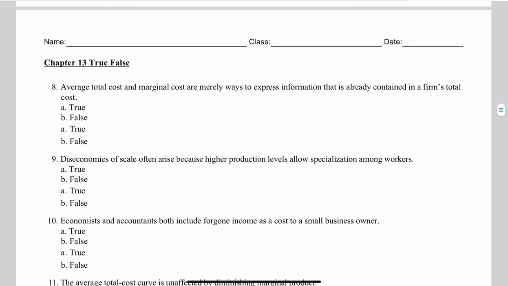Okay, 8. Average total cost and marginal cost are merely ways of expressing information that is already contained in a firm's total cost. Well, this is actually right. The reason is because if you give me total cost, I can tell you marginal cost, right? And I can tell you the average total cost.